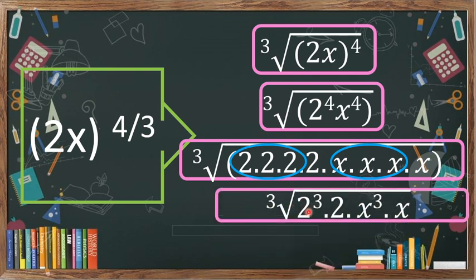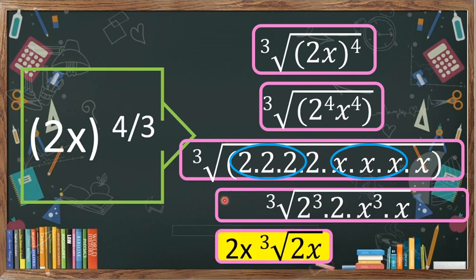As you can notice, I get the exponent which is the same as our index, because we can put it outside a radical symbol if we have the same index as the exponent of our radicand. And also we have here x times x, that is x cubed. Then we can put that out of the radical symbol.